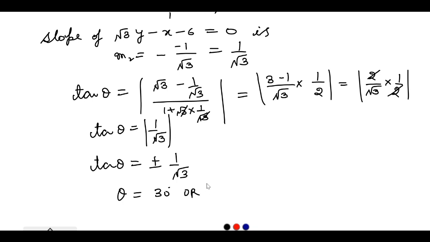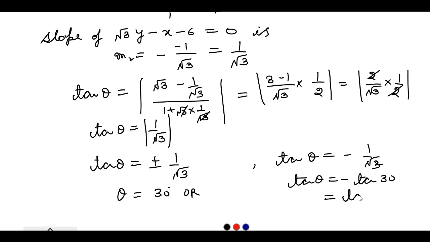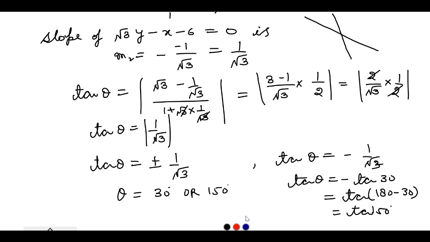And if tan theta is equal to minus 1 upon under root 3, then theta is equal to 150 degree, because you can write minus tan 30, which means tan of 180 minus 30, that is 150 degree. So the angles between the lines are 30 and 150. Whenever we consider the angle between two lines, there are two angles. First, this angle 30 degree. Second, this angle 150 degree.